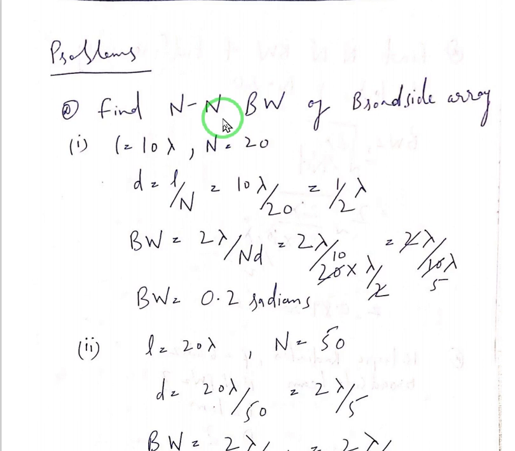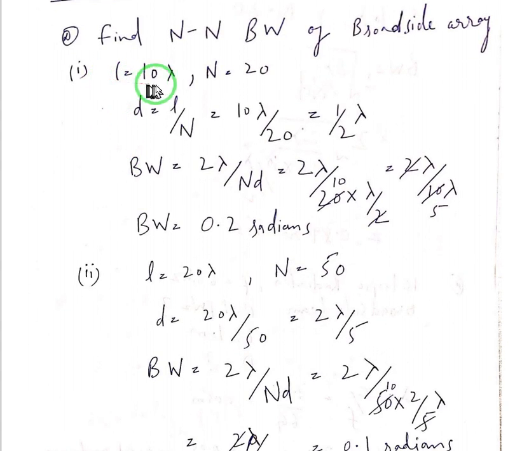The difference or the strength of this maximum radiation pattern in the graph is called the null to null beam width, and it has been described before that a broadside array is an array in which the maximum radiation is perpendicular to the axis of the array. So we have to find the null to null beam width of that broadside array.